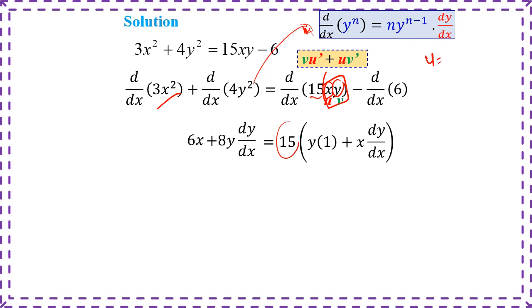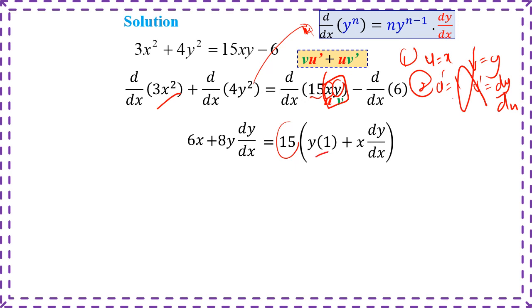So we have u equal to x, v equal to y. Differentiate each: u prime equal to 1, v prime equal to dy dx. Applying the product rule, we have y multiplied by 1 plus x multiplied by dy dx. And the last one, to differentiate a constant, it will be 0.